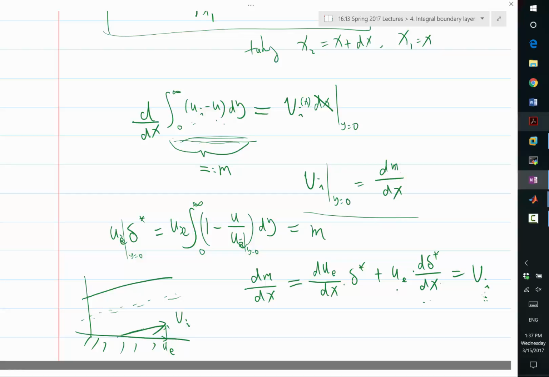Instantaneously, right, exactly. So the inviscid equivalent flow at the wall is tangential, or parallel, to the outline of the boundary layer defined by delta star, right?